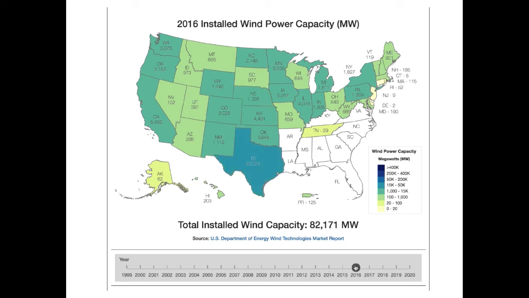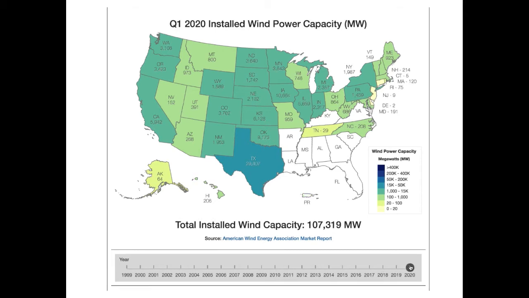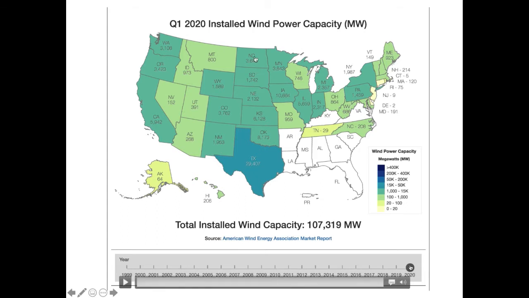I also mentioned the Great Lakes, Lake Michigan, Lake Superior. So as this plays through from 1999 to the year 2020, notice the Great Plains states here. And the point I want to make is that these are states that overwhelmingly voted Republican in 2016.